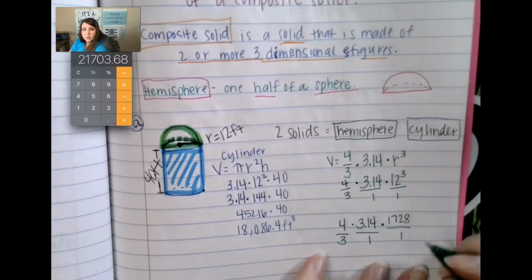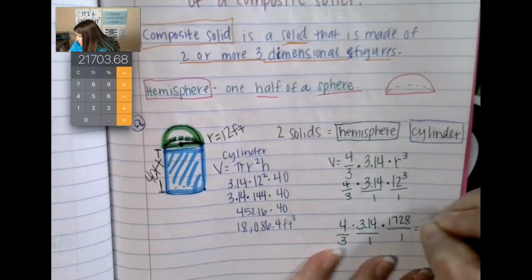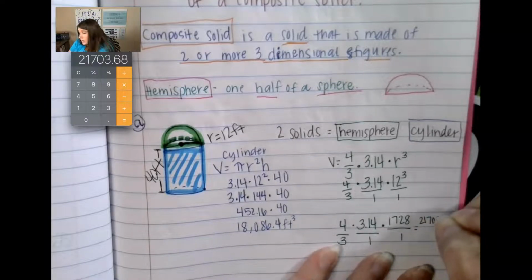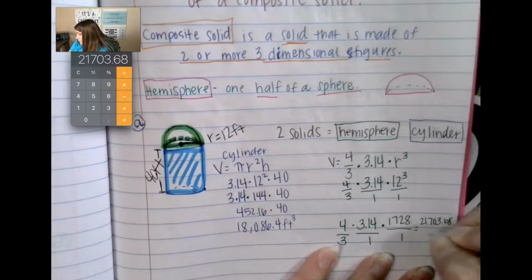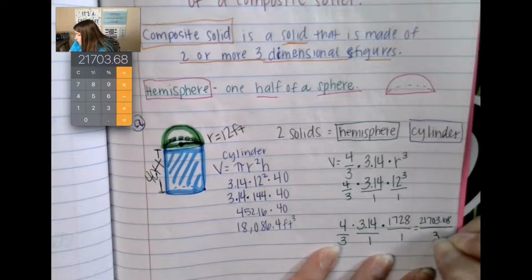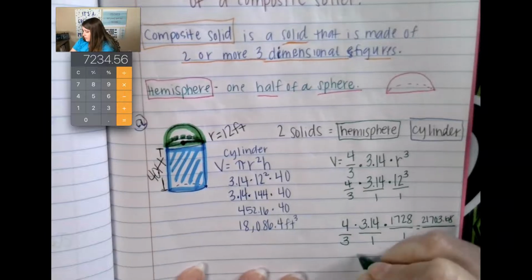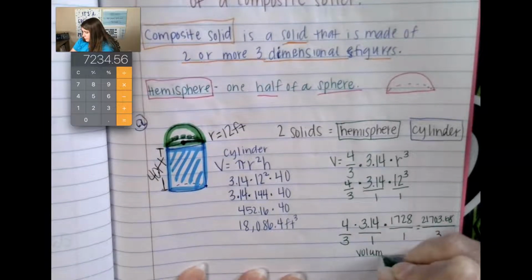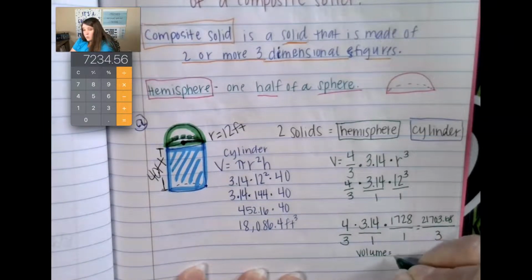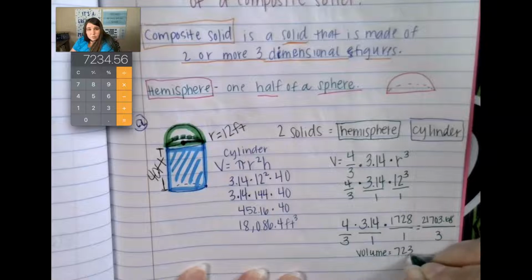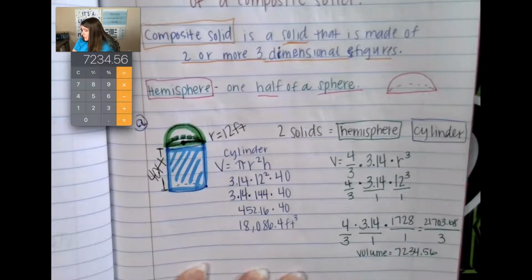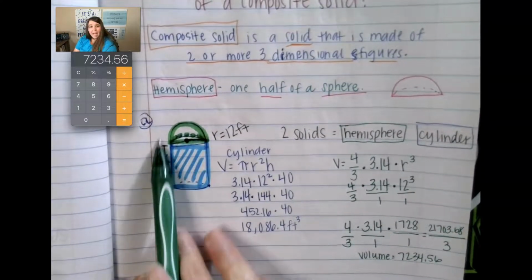That gives us 21,703.68, and that's going to go over 3. So we want to divide this by 3. So we get a volume of a sphere that is 7234.56. However, we have a half.